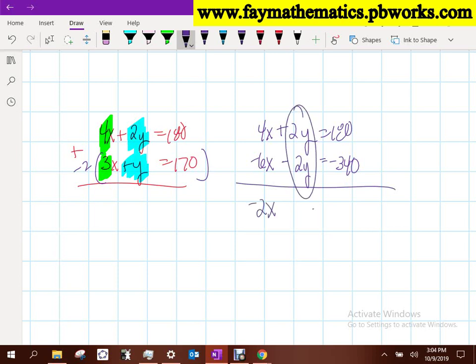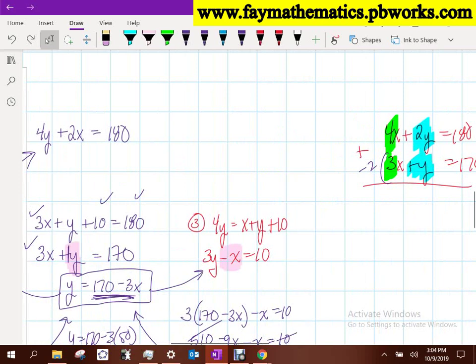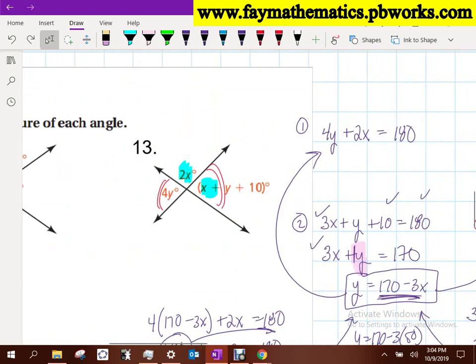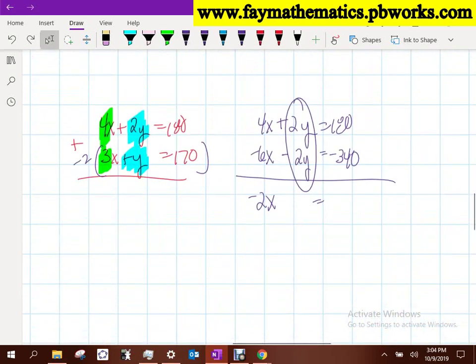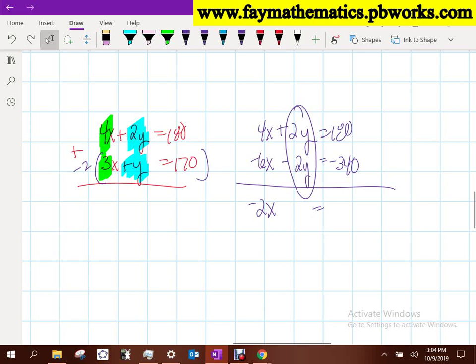Those go away. This here is going to give me, I'm sorry, this is 3, no, that's, right, 340. Did I write the equation right? 3x plus y equals 170, negative 6x, 2x.